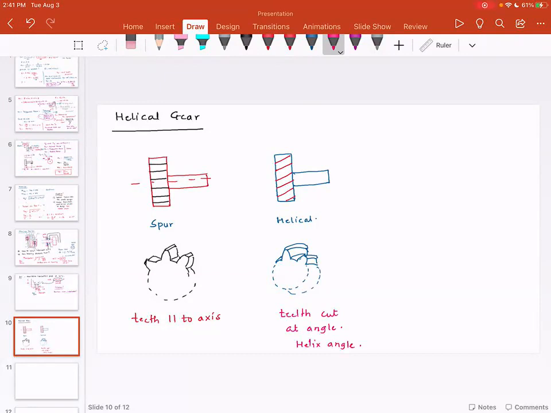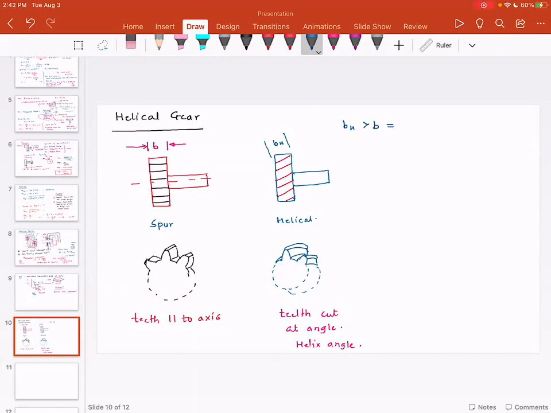Now, what is the advantage or disadvantage of the helical gear? One thing that you can see is that for the same size, the face width of the helical gear is more. So if you look at BH, for the same size, BH is greater than B. What does it mean?